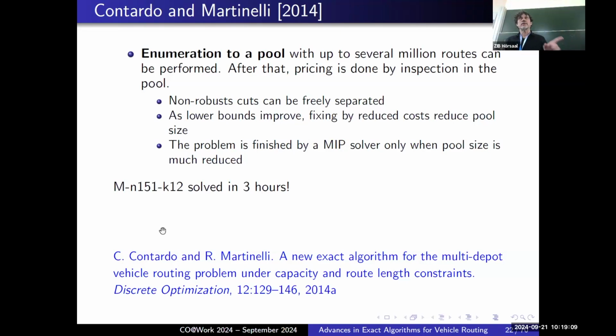But the idea is that you store those routes in a pool, in a table, and you start to perform the pricing by inspection. So in this way, the non-robust cuts become robust because no matter the structure of the cut, by inspection, you can price it. And they managed to solve this instance in 3 hours.